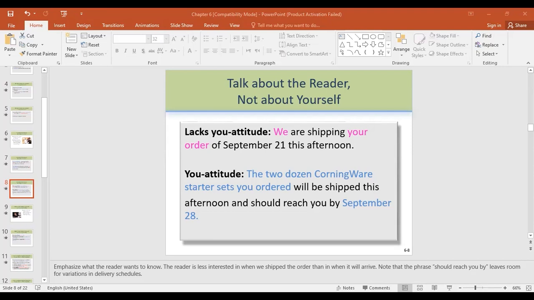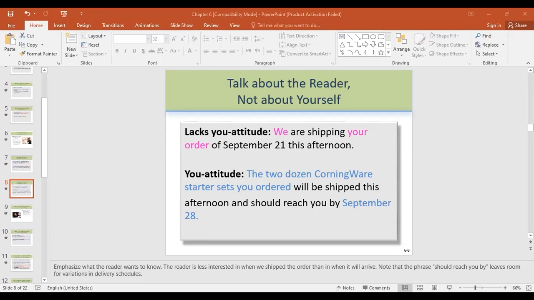Okay, the reader, please focus on this sentence. The reader is less interested in when we ship the order. For example, if I'm a reader and I'm talking with a person who's working in the company and he told me that your order will be shipped at a certain date, maybe I don't have much care about it, or I'm not interested at all.